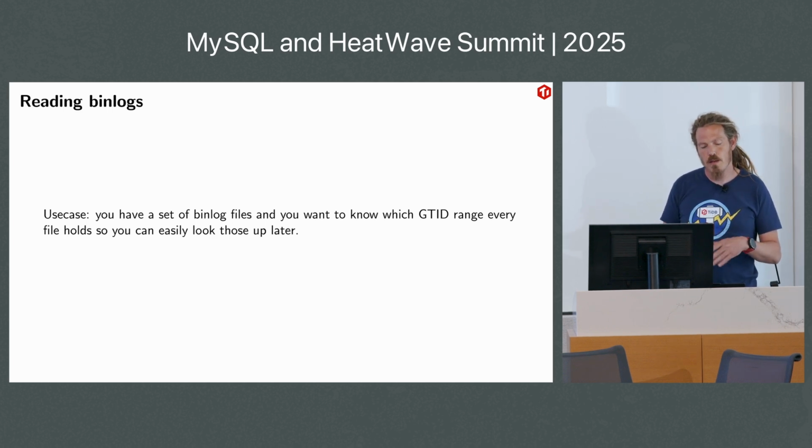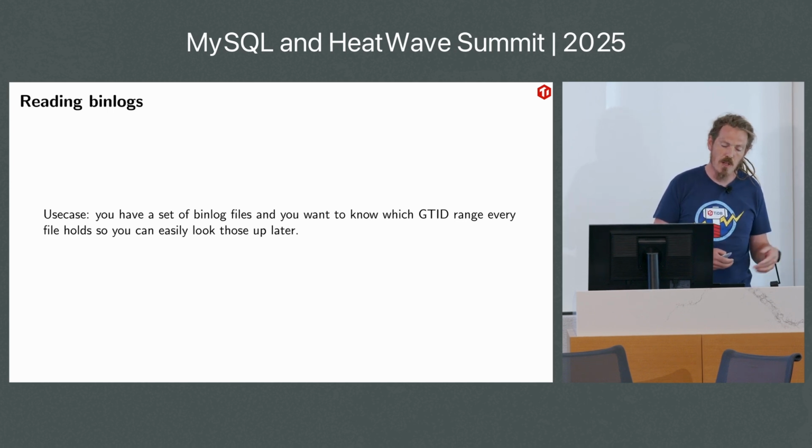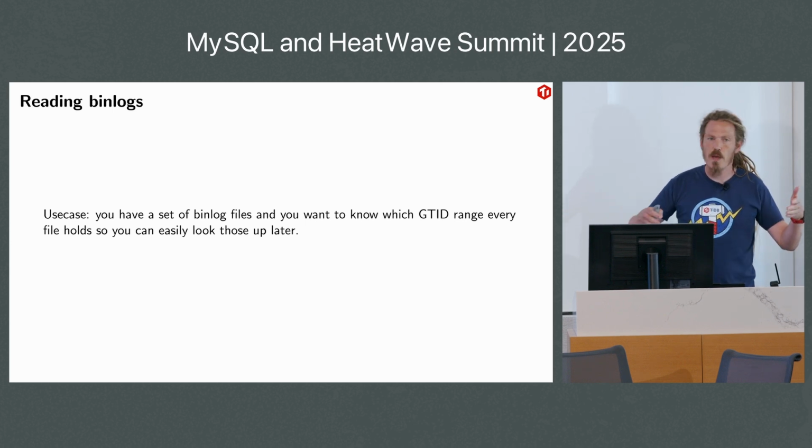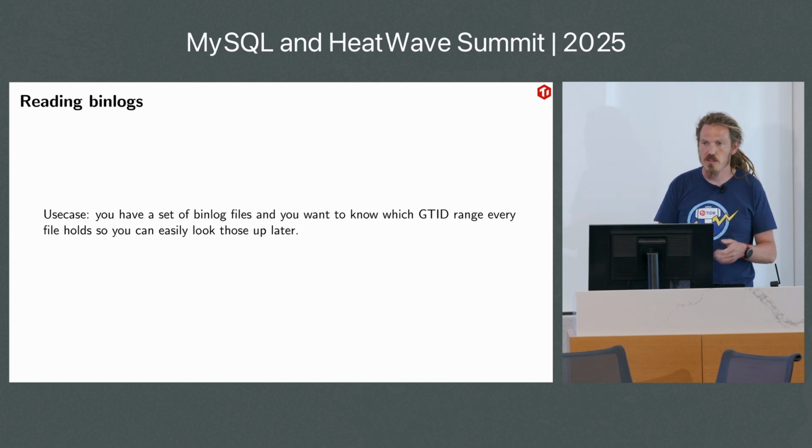Another use case that someone asked me about recently at a MySQL meetup: they said we have a set of binary log files and we want to record what the GTID range is in every file, because if we have an issue with a transaction, we want to know in which file we have to look to see what the transaction looked like.